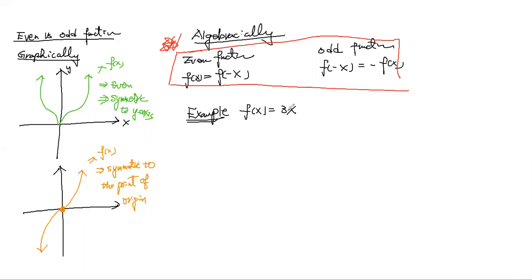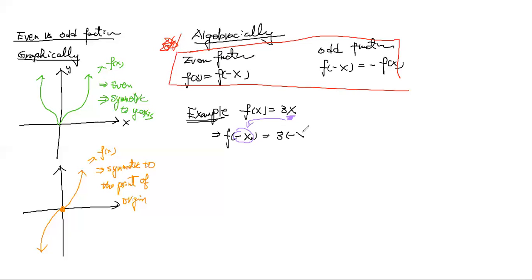When we talk about even or odd, we always start by putting the negative x into your function, then see what happens. That means everything that is x you need to replace with negative x.